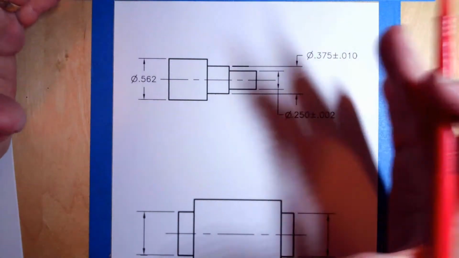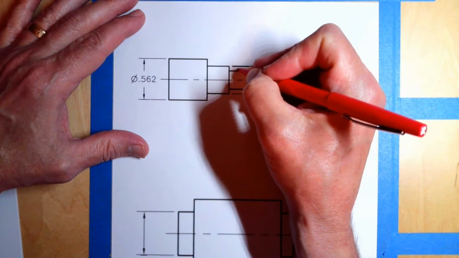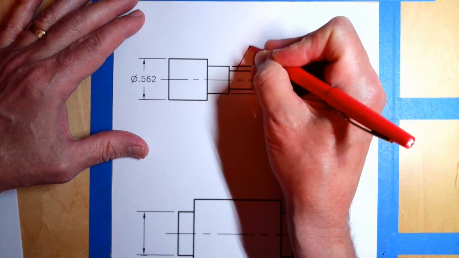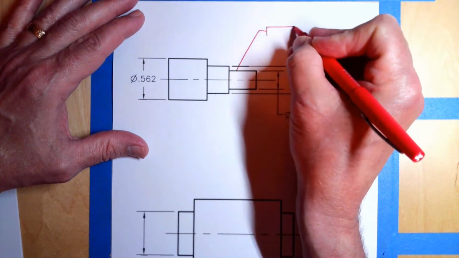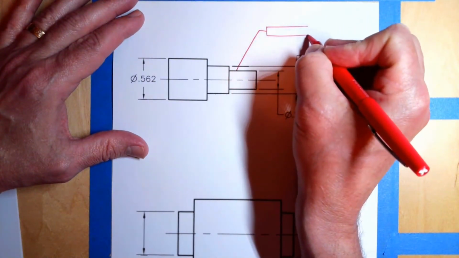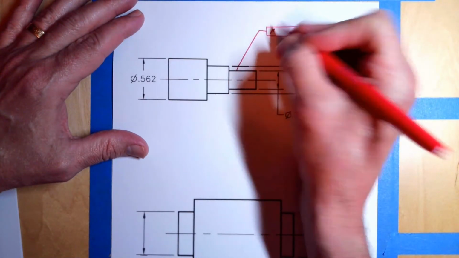That's one of the ways that we can apply it. So I'll point to this surface right here and then come off of it and apply the tolerance here. Now in this case, I'm just going to do a circular runout.